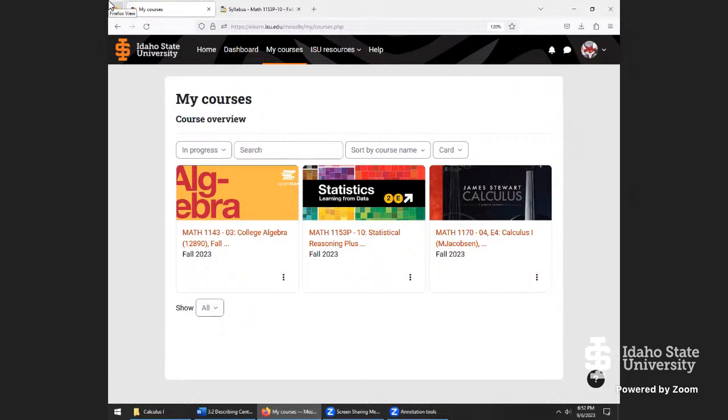We want to go to calculate, which is that first option. So F1. Oh, no. Clear. Then I want to hit F1 for calculate.